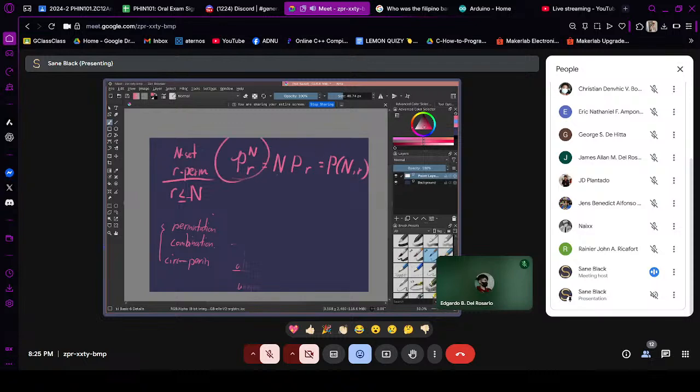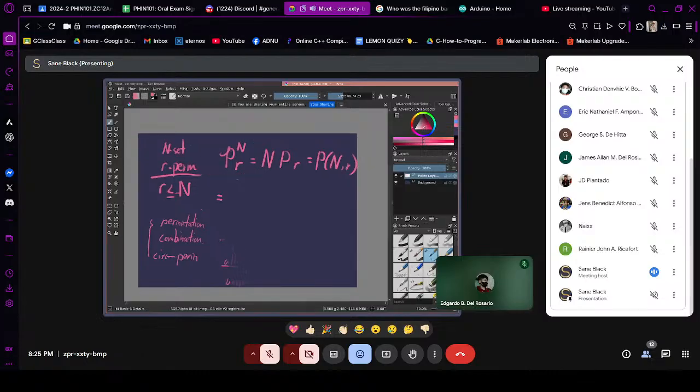The formula is essentially n factorial over n minus r factorial. Is that correct? Yeah, okay.